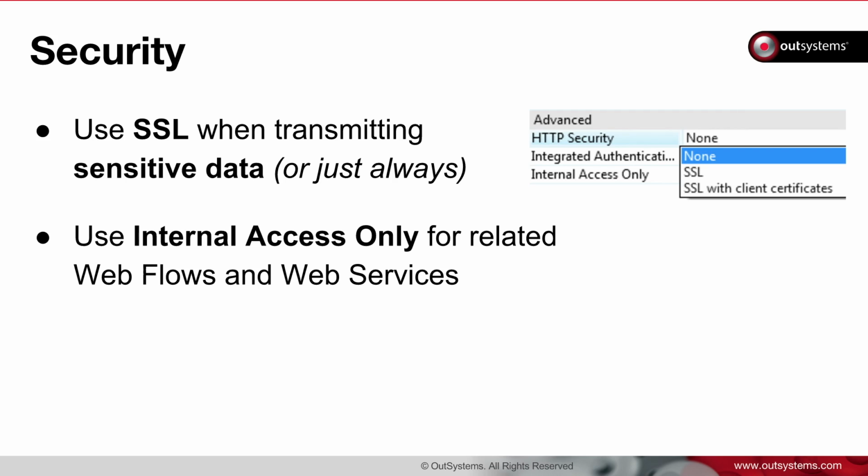So what is this good for? Now, this is good, for instance, for a service center. Service center is automatically protected as internal access only, so that only within your premises can you access service center. You can also use this for extremely sensitive parts of your application, but beware.